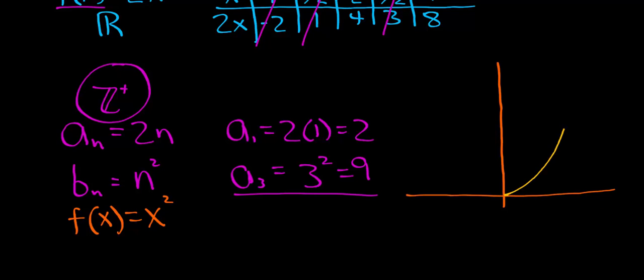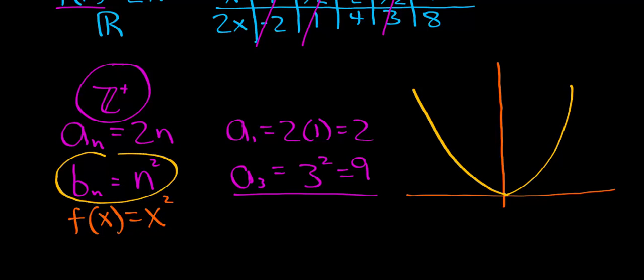It's just a parabola, a very common graph we're familiar with. So there's what the graph looks like. Now, if you look at the graph of the sequence, it's not continuous. It just has values at the integers. So we have 1, 2, 3, 4, and so forth.